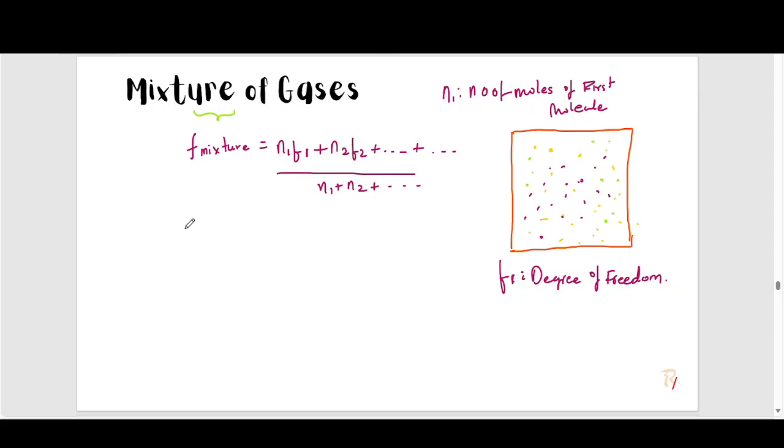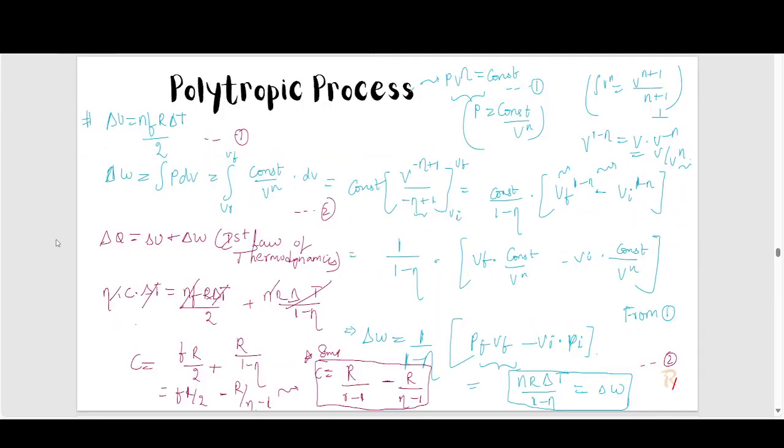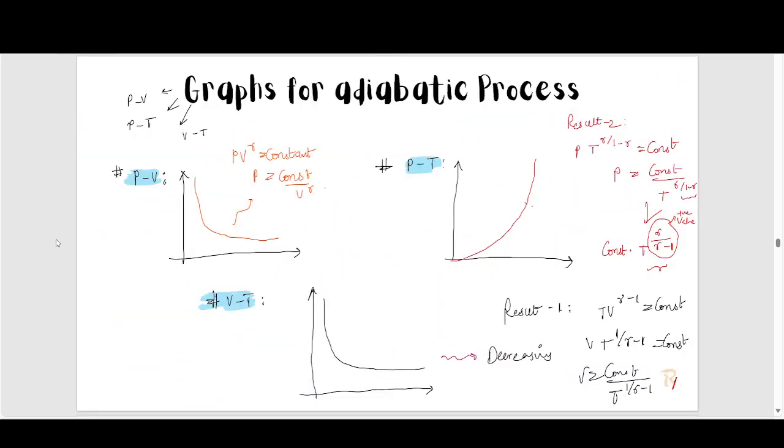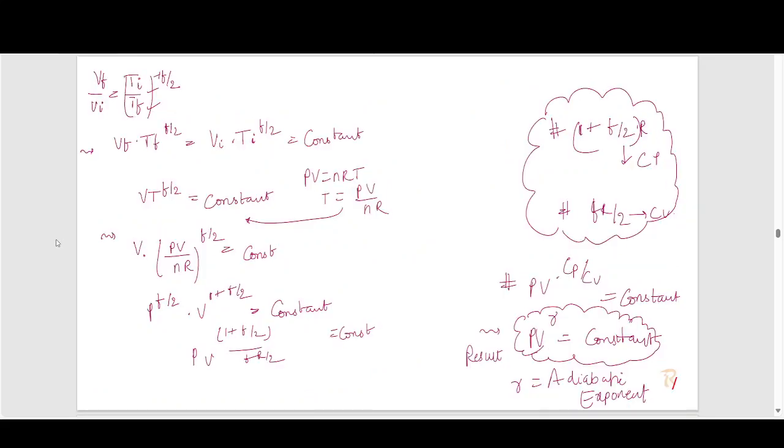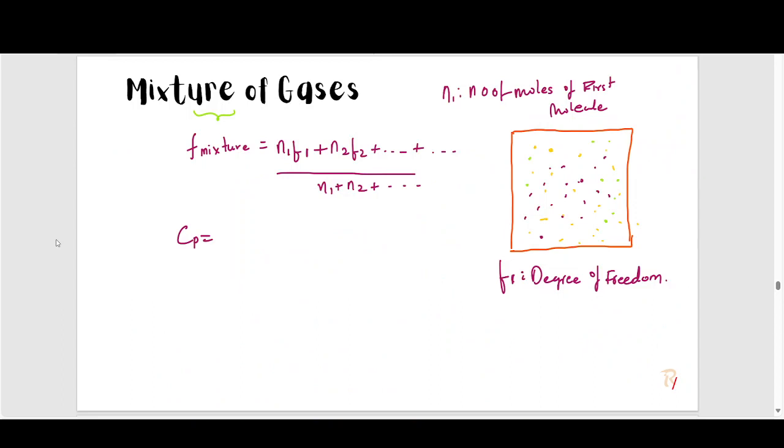Therefore Cp is R plus f by 2 into R. For every mole, it has its own degrees of freedom.